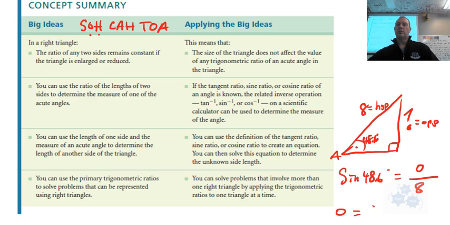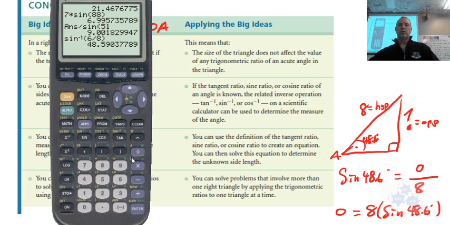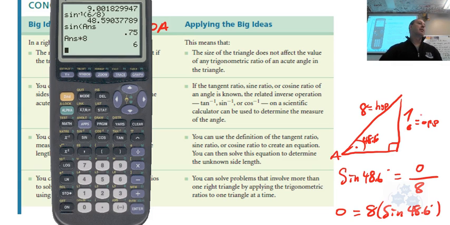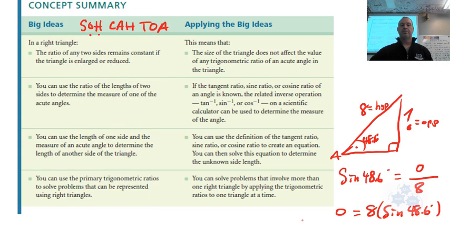And so O equals 8 times sine of 48.6. Make sure you show your work. Make sure you do this sort of thing. So 48.6, let's do the sine of that number, and we'll multiply that times 8, and that gives us 6. Okay, that makes sense. So you can solve for a side as well. All right. Any questions so far?